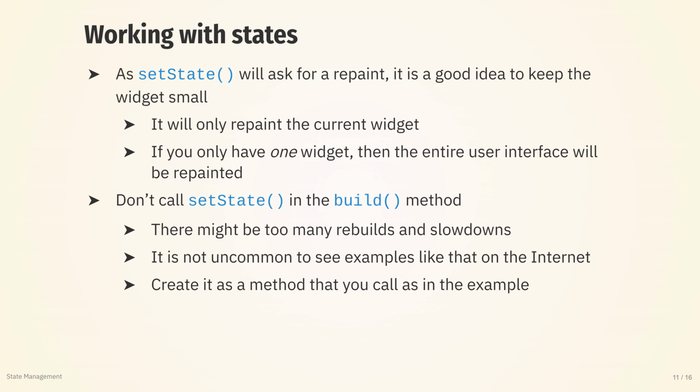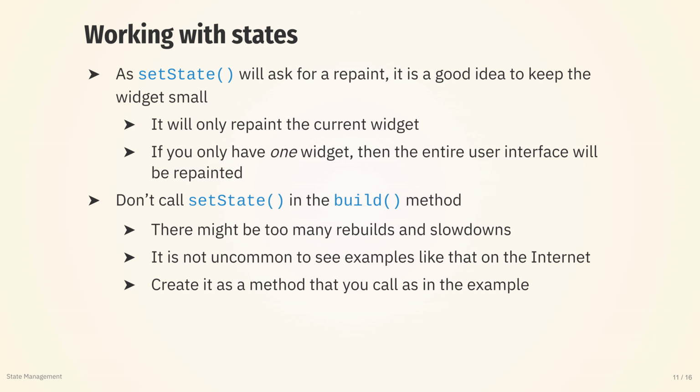It's better to have another method that you call in order to do the setState thing, because with too many rebuilds of the user interface, it will be possible to get slowdowns.